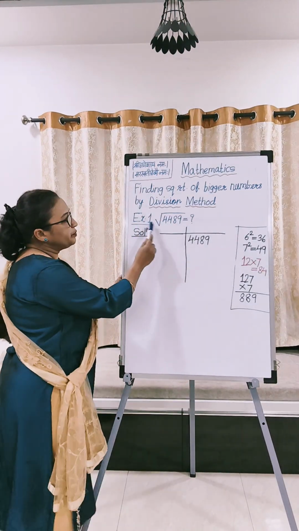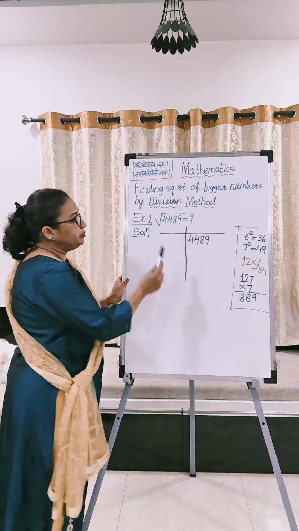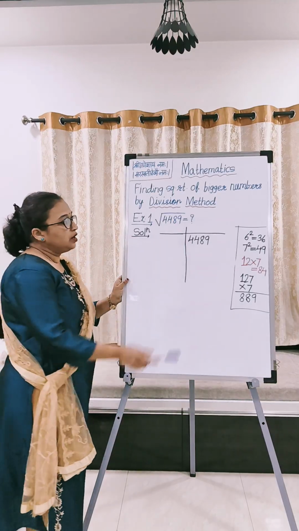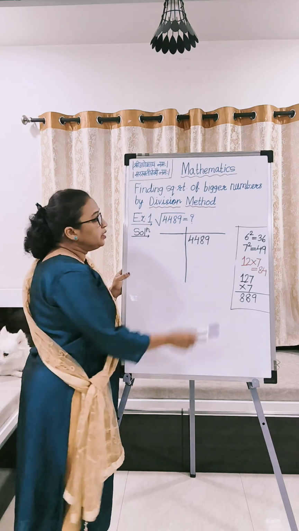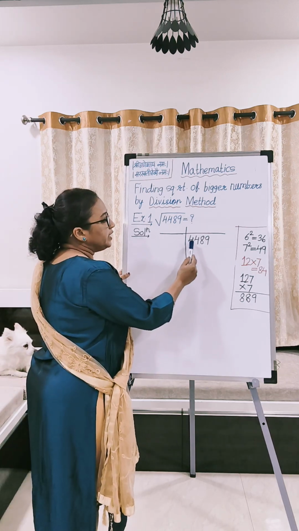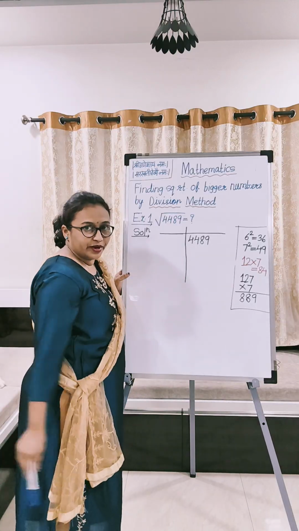Consider the example: find the square root of 4489. Now, according to the procedure of this method, make two columns, then write down that number, or we can say the dividend, in the second column in this way.